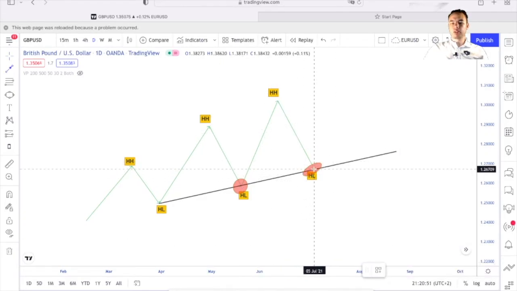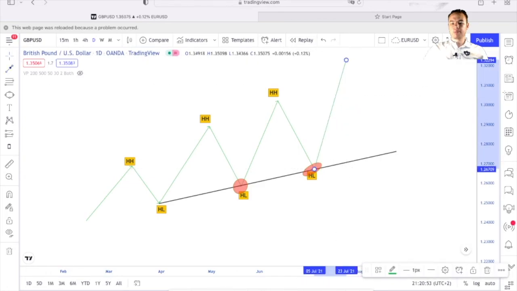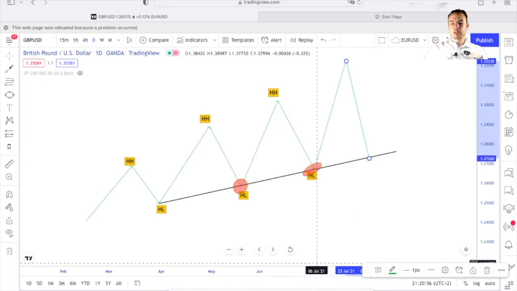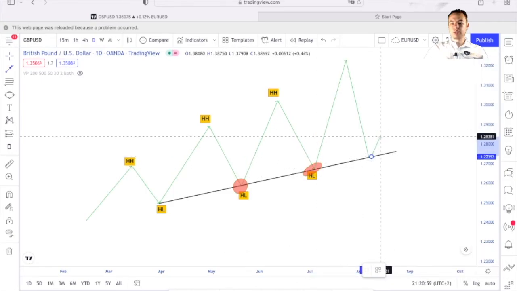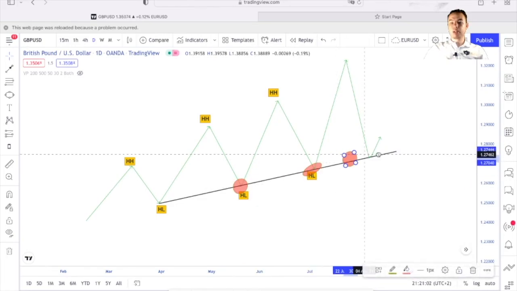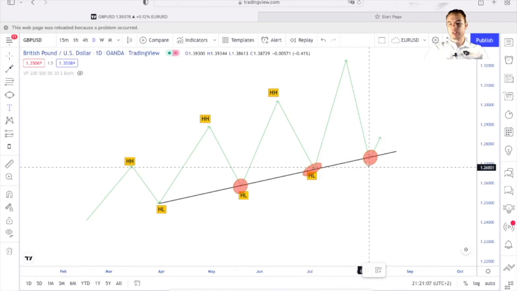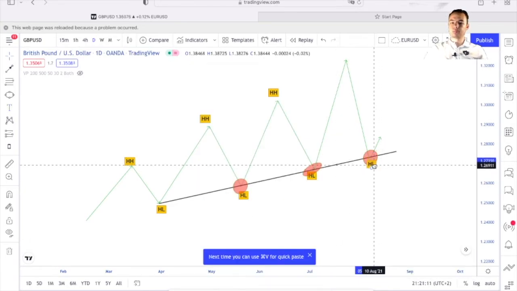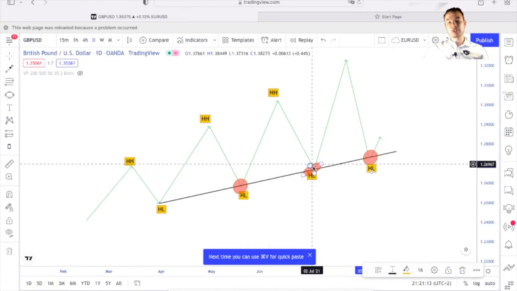If it goes again to a higher high and comes down and you can see it rejects, that is another buying opportunity. You need to buy that because it made a higher low there. Okay, so that's an ascending trend line.